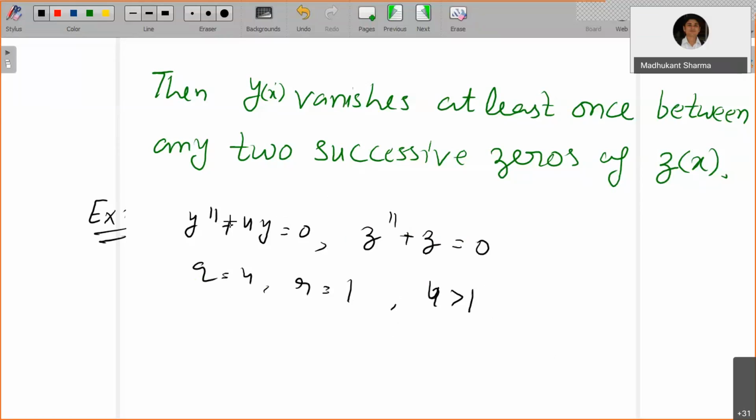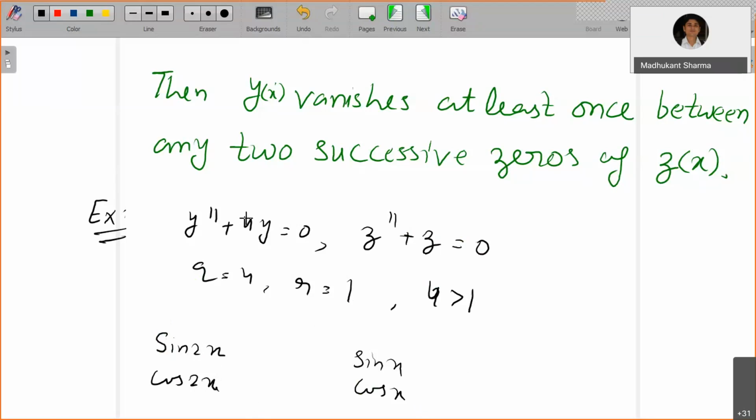So for the solutions, you have sin 2x and cos 2x for y, and sin x and cos x for z. If you take any two zeros of sin x, between them you will have at least one zero of sin 2x, maybe more than one.